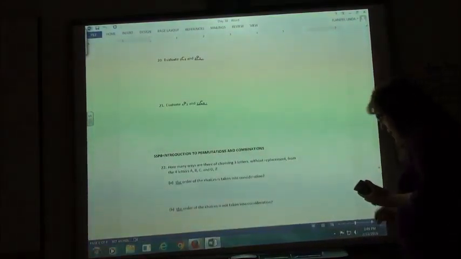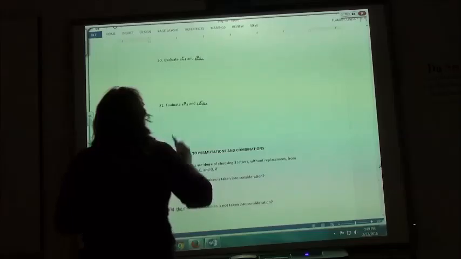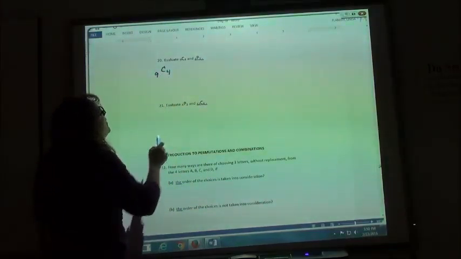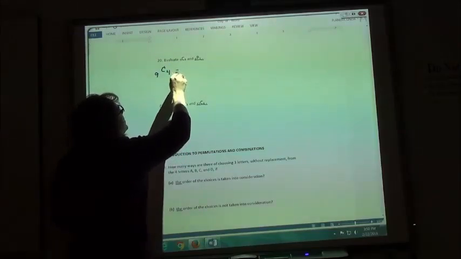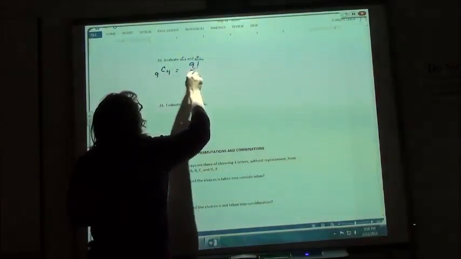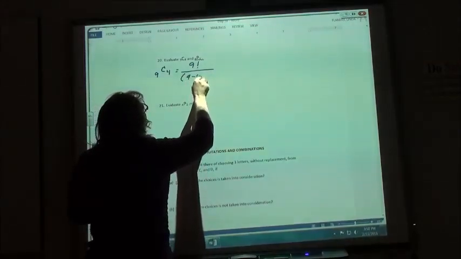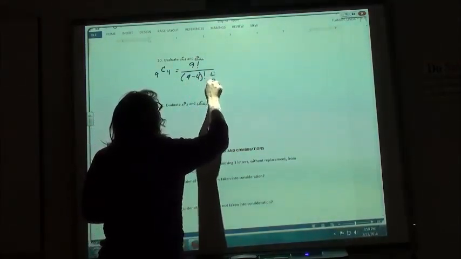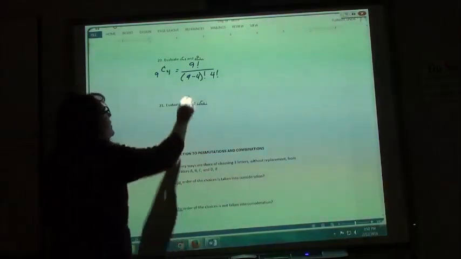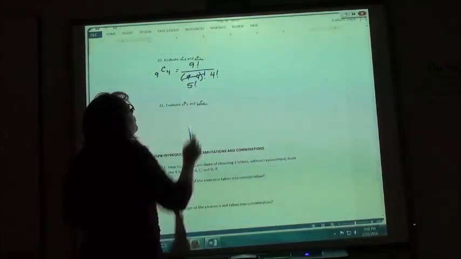Number 20 then. They switched them around. So I am going to have 9 things taken 4 at a time. I'm doing a combination, which means the order doesn't matter. And so I would do 9 factorial over 9 minus 4 factorial divided by that extra 4 factorial, since I'm going to have fewer choices. This would make this 5 factorial.